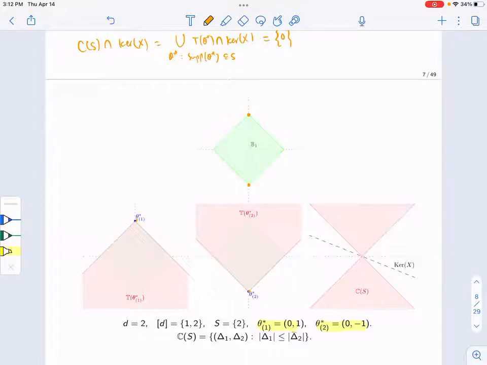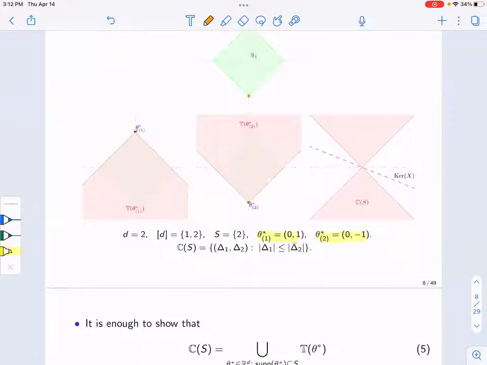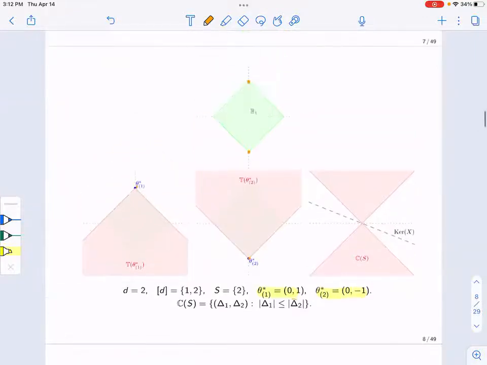And that's the cone. So if the kernel doesn't really pass through this point, then I just have the property that I want. This is just to show you how this is constructed from those. What about if theta star is in here?